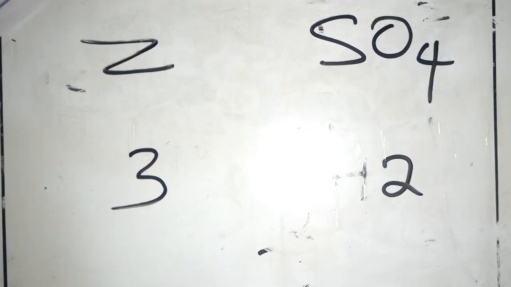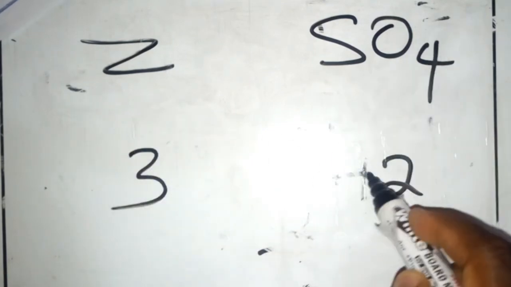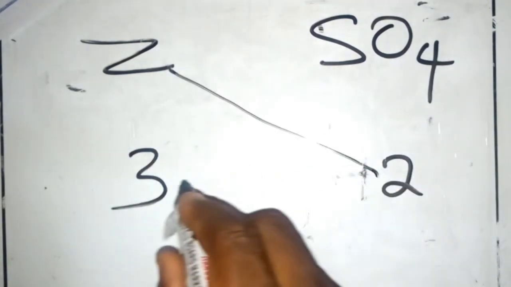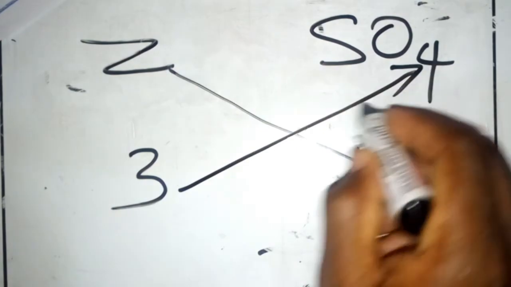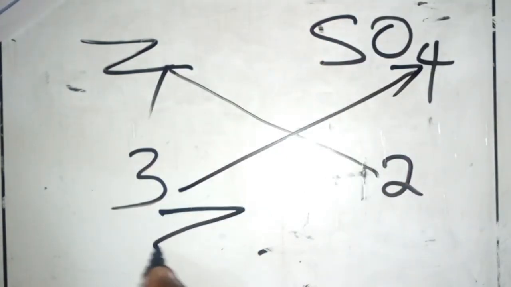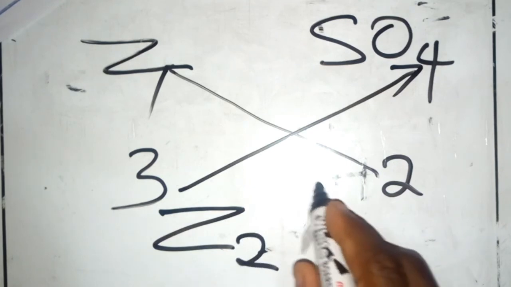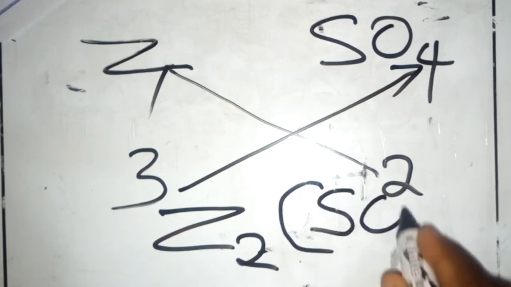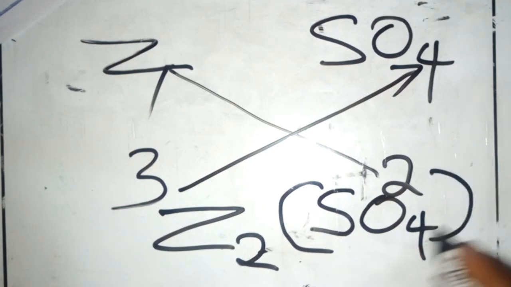So we just now have to cross multiply those like this and like this. At the end of the day, we have something like this: Z2(SO4)3.